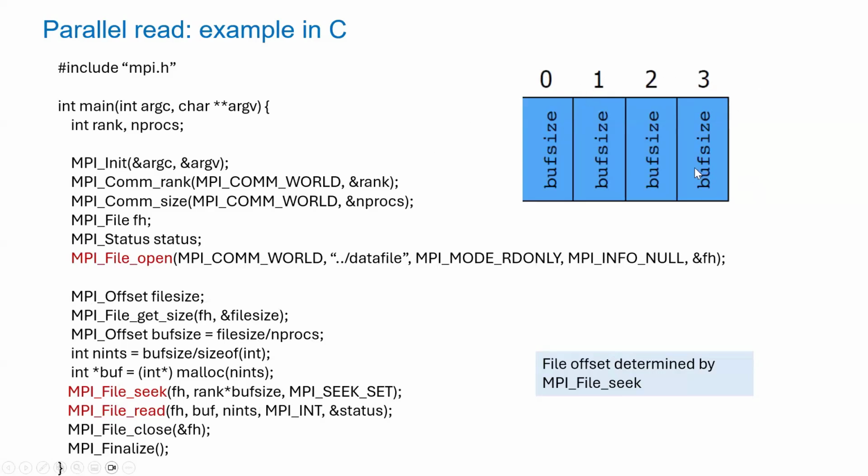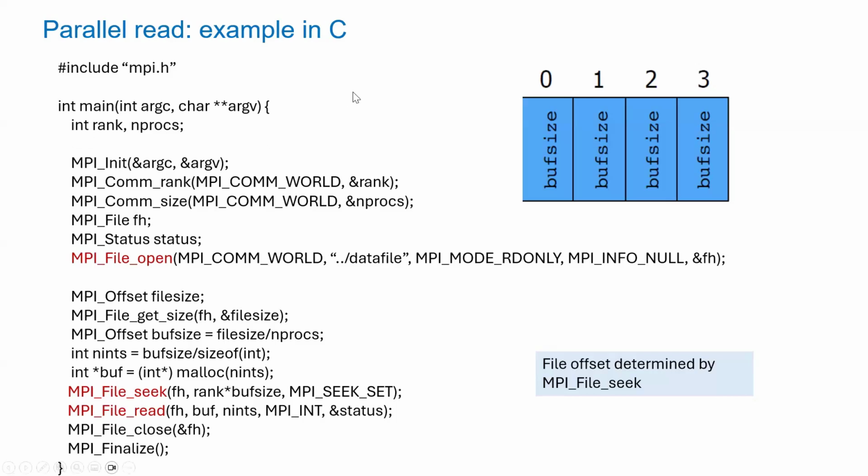In this case we need some way in MPI to get the file size. And if we know the file size, and we know the number of processes, we'll know the buffer size, basically the size each process needs to access. And then after that, we need to set up where to start. For example, the first one will start from 0, and the next one will continue, and then each will access part of the data. So that makes it parallel, right?